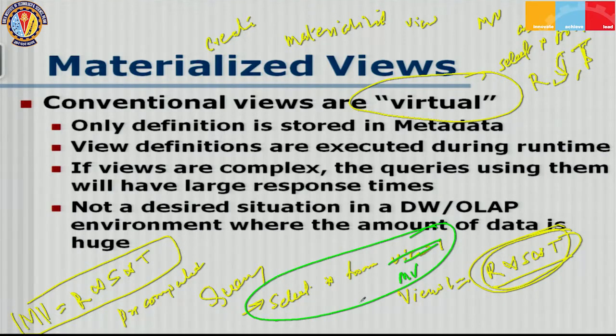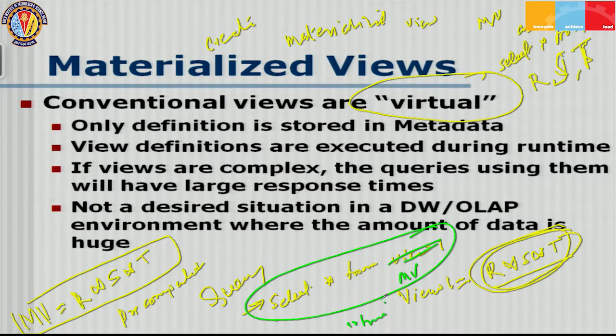So this query will be answered within no time, very, very quickly, because we are not doing any computation, or we are not executing any query actually once the query is issued. We are just taking the result from the materialized view, which is just the opposite of the conventional view. Here its existence is not virtual, its existence is real. That means its tuples are explicitly stored in the database, right?